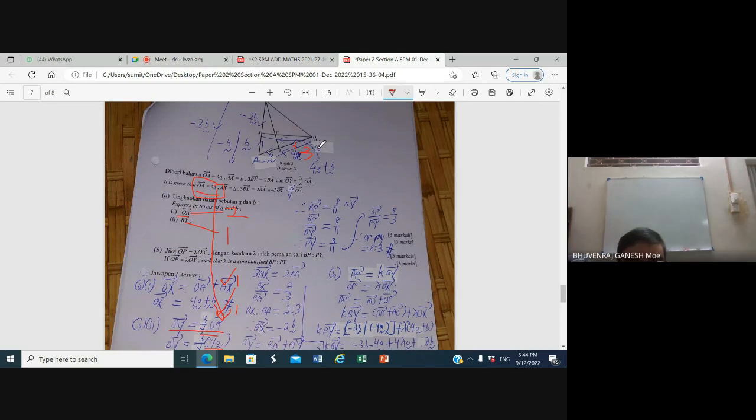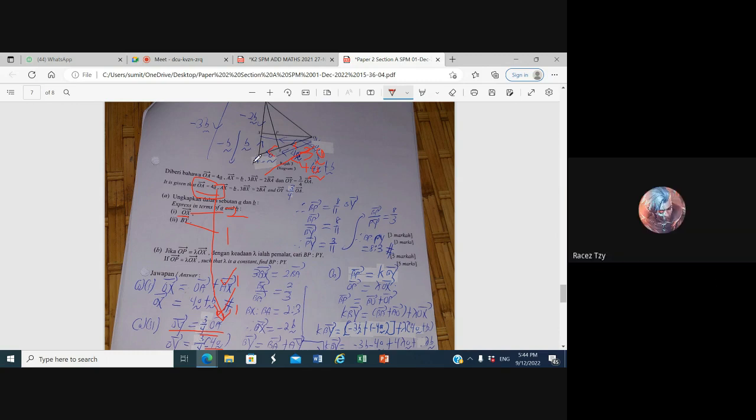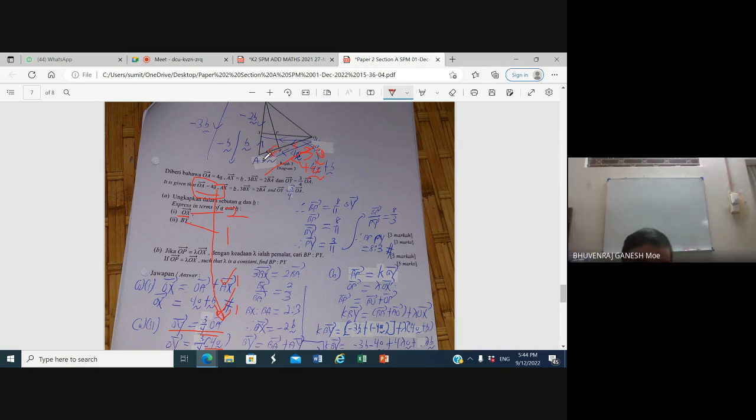If I ask you, YA will be what? Wait, this one is 4A, the whole thing. OA is 4A. The OY is 3A, sorry. OY is 3A. Means YA is what? 1A, A only.